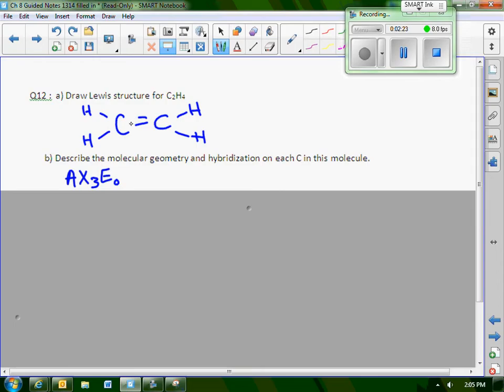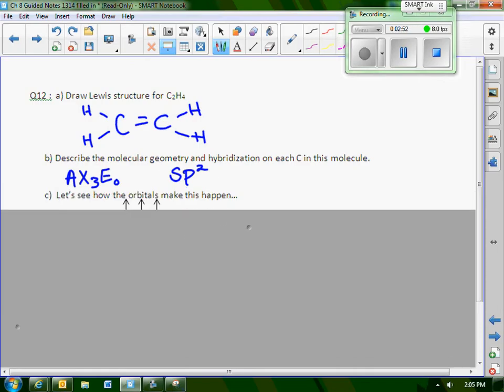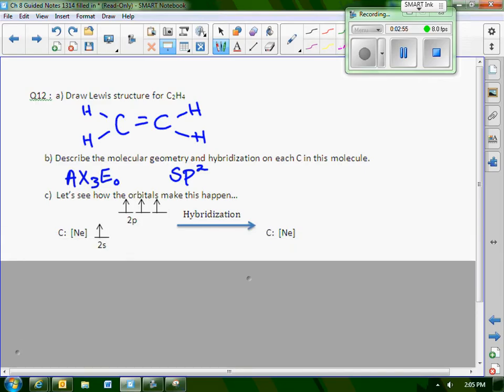And then we have 3 things bonded to that carbon and no lone pairs of electrons. Okay? The hybridization for this one is sp2, because of the 3 bonds around carbon, and they are equal, and it's 120, 120, 120 here. So because of that, we know that it is sp2 hybridization.